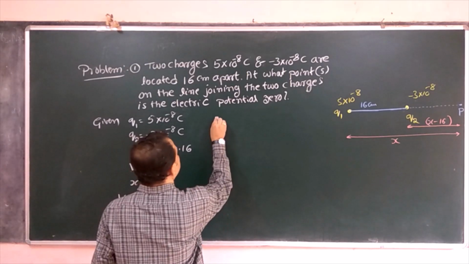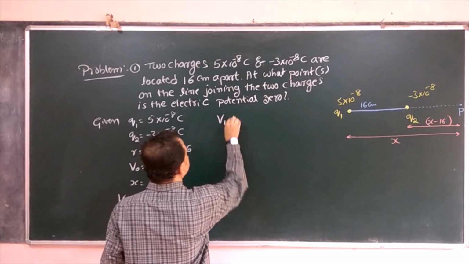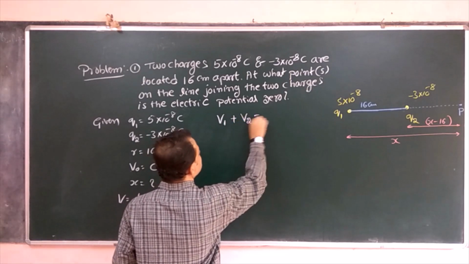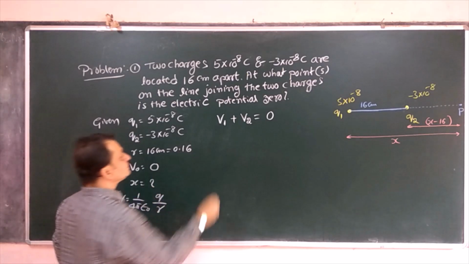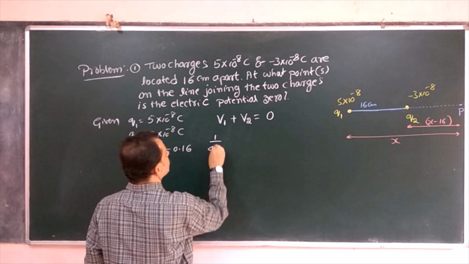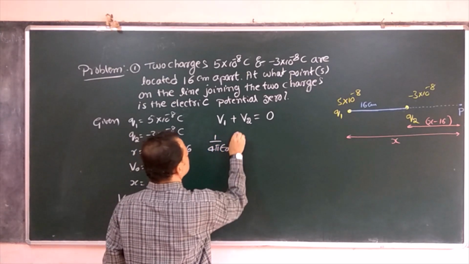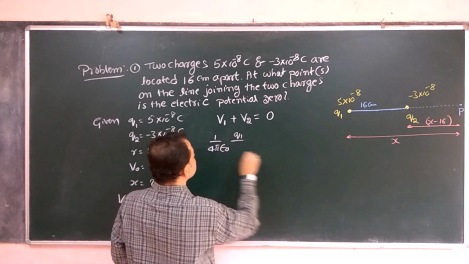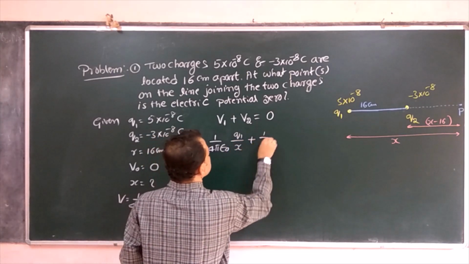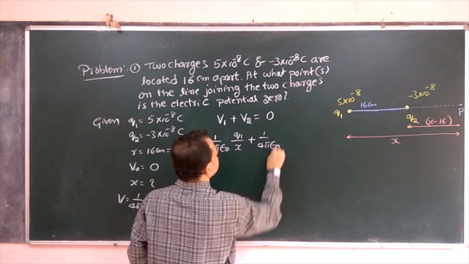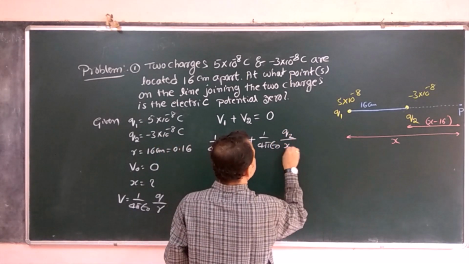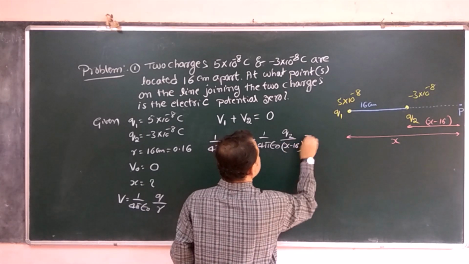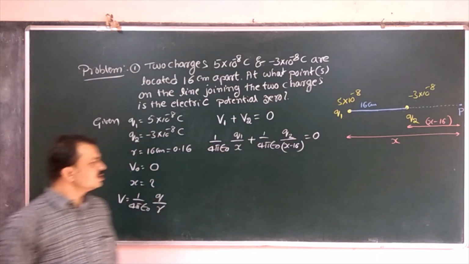Therefore potential due to the first charge plus potential due to the second charge at the point P is 0. Formula: 1 divided by 4 pi epsilon naught, q1 by distance x, plus 1 divided by 4 pi epsilon naught, q2 second charge divided by the other distance x minus 16, that is equal to 0.